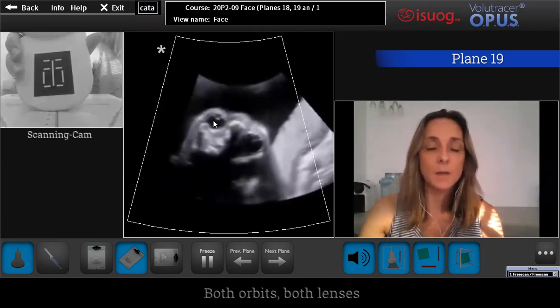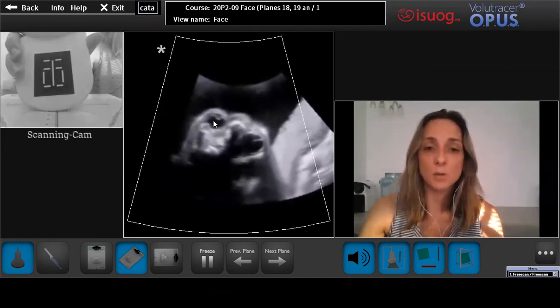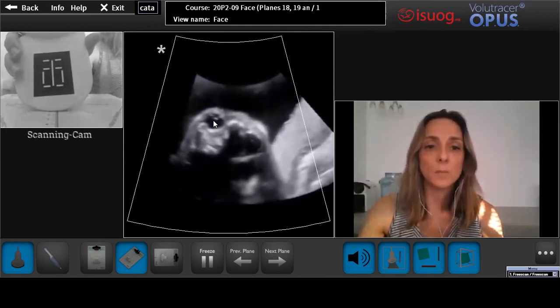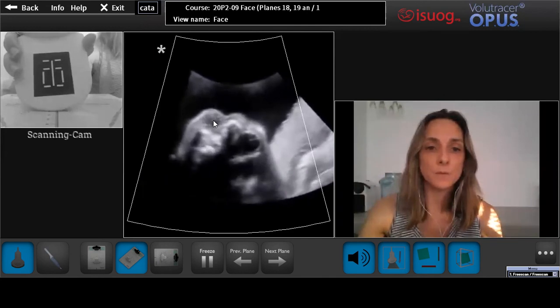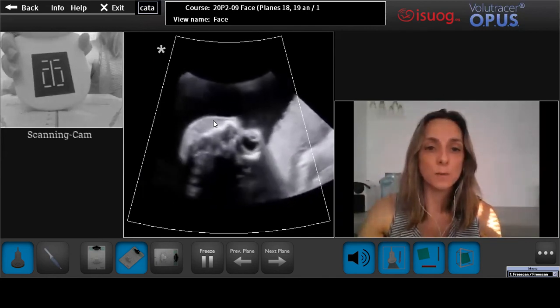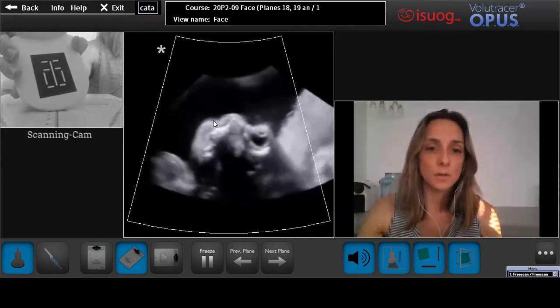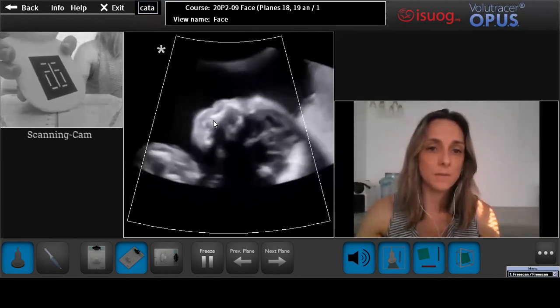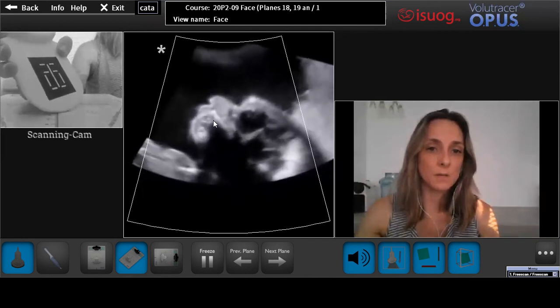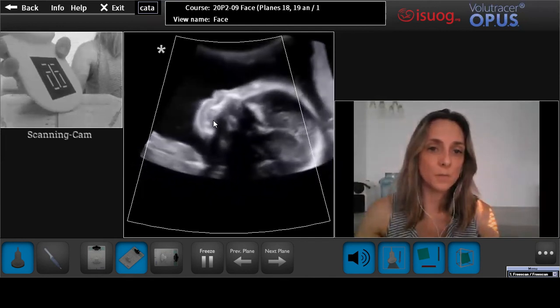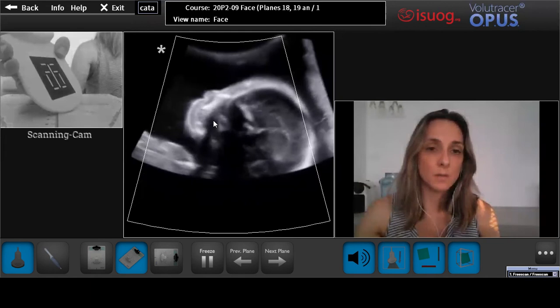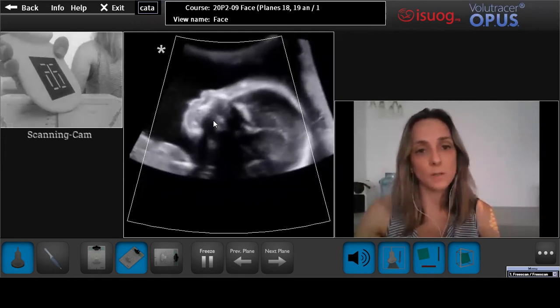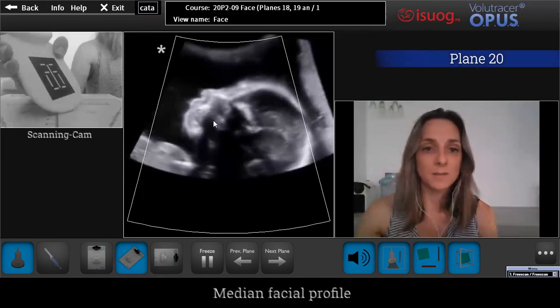And finally, we need to get a facial profile, so a sagittal view of the face to get to plane number 20. So we need to rotate our probe about 90 degrees. We do it slowly to have a nice view of the fetal profile, which is the one that is most frequently requested by the parents.